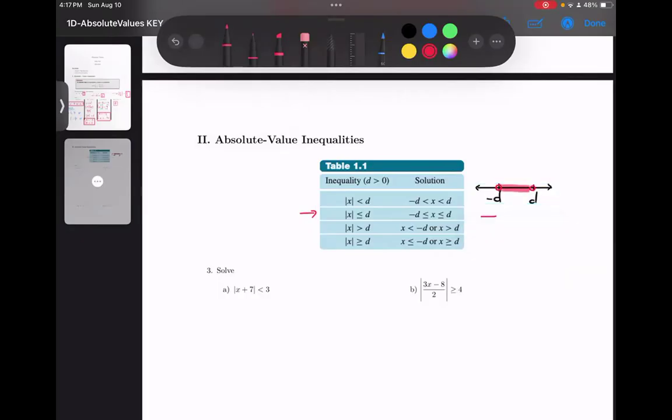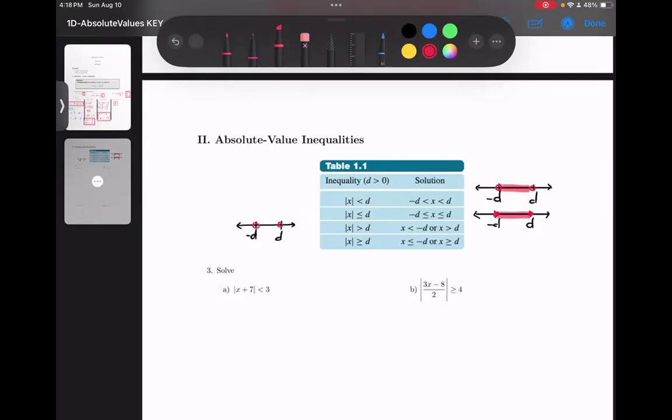Well, this one, I'll keep up with my color here. Still -d, +d. But this time, these two values are included as part of the solution. And for absolute value of x greater than d, the solution is going to be on the two tails instead of in the middle, like this. -d, +d, and again, it's hollow because there's no equal sign there.